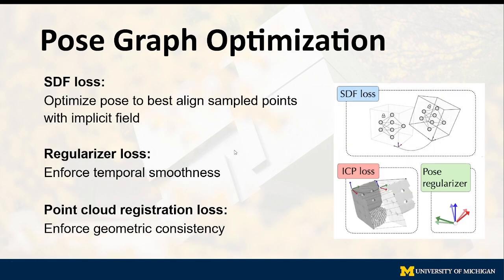Central to the optimization is the SDF loss, which minimizes the distance between sensor sample points and the neural implicit surface by transforming points into the object's canonical coordinate system. To ensure temporal smoothness, the regularization loss penalizes abrupt pose changes between consecutive frames.